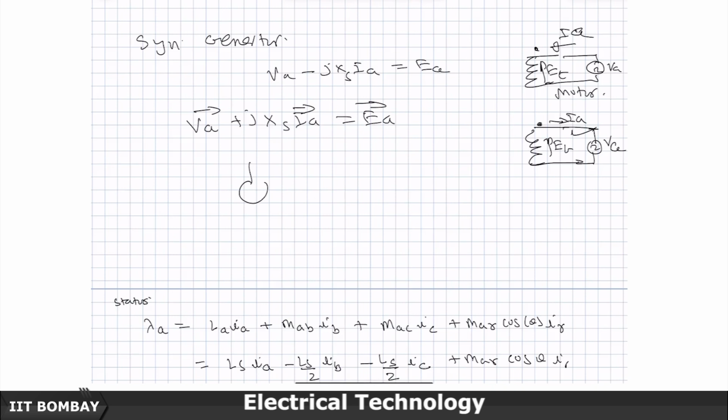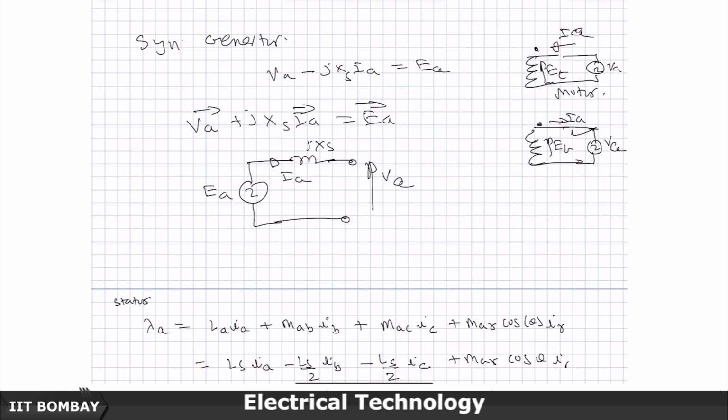In other words, this is my EA, the generator delivers a current of IA, this is the synchronous reactance and this is the voltage which is seen at the terminals.